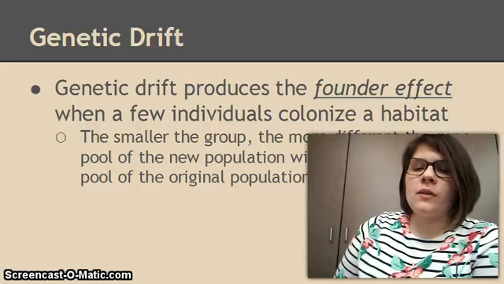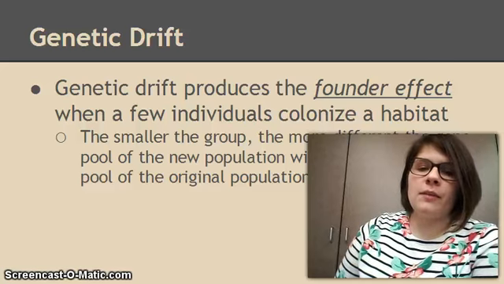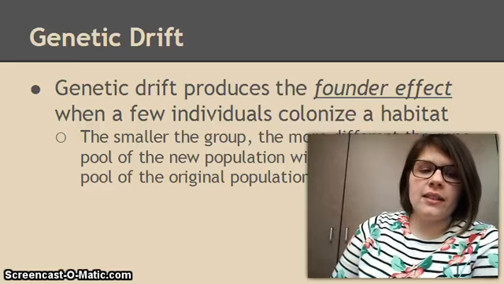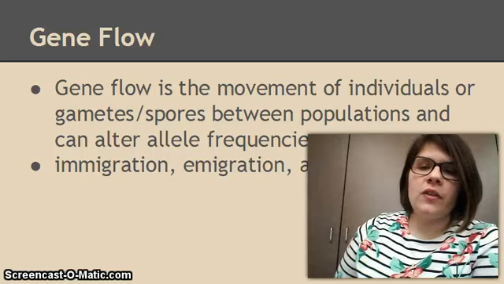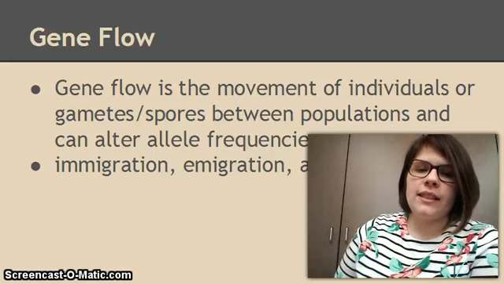We went down to very, very few, and as we gradually increased the population, genetic diversity did not change. Gene flow is the movement of individuals or gametes and spores between populations and can alter allele frequencies. So we're actually moving these organisms, and they're going to alter our genetic frequencies.